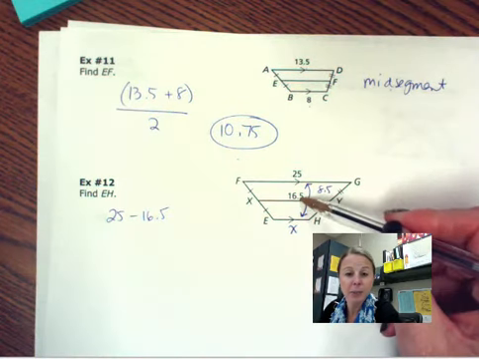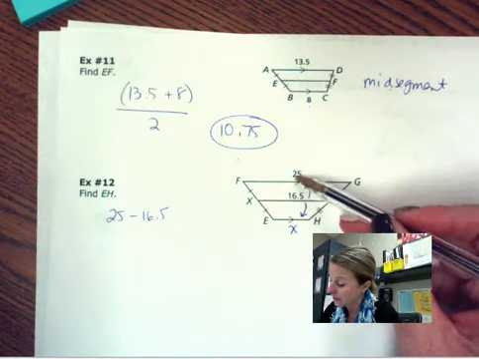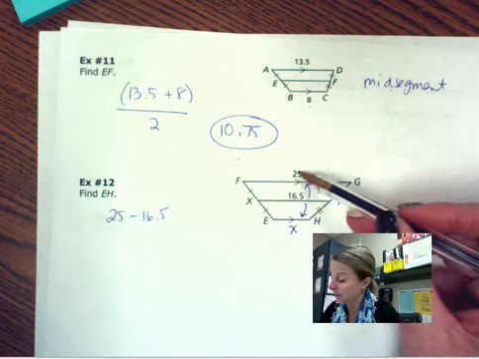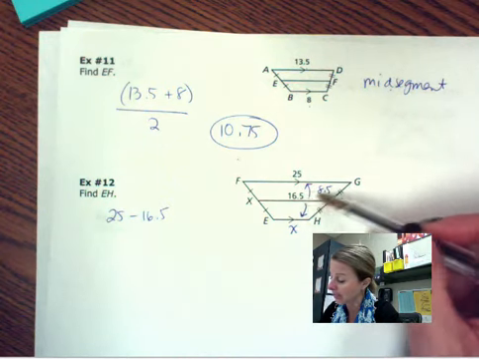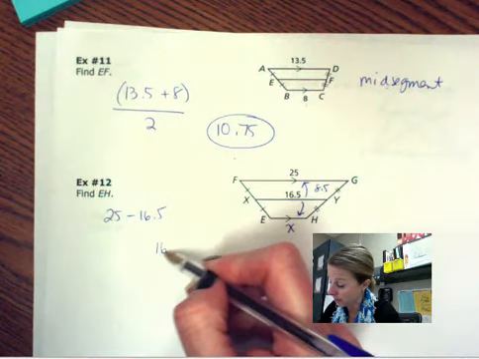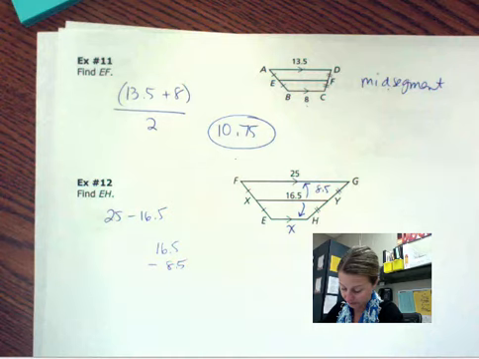So in order for 16.5 to be the midpoint, if 25 is 8.5 units above 16.5, I need to figure out, well, what's 8.5 units below 16.5? So I want to really do 16.5 minus 8.5. And I get 8.